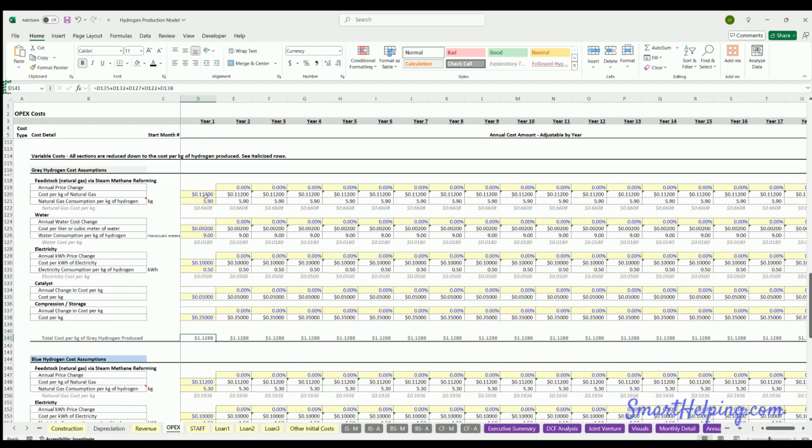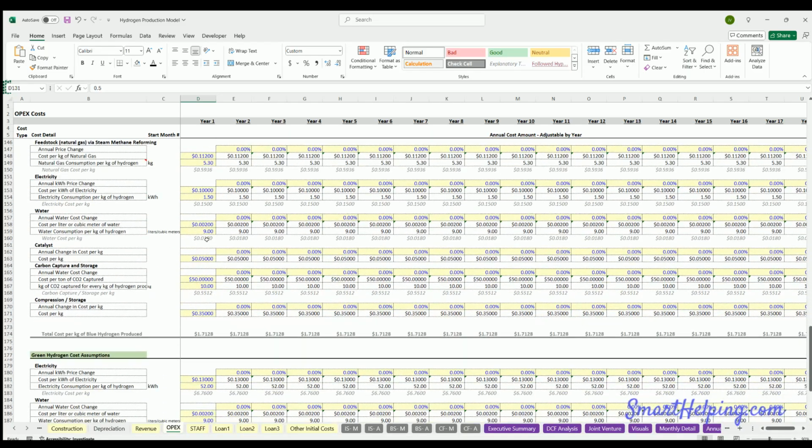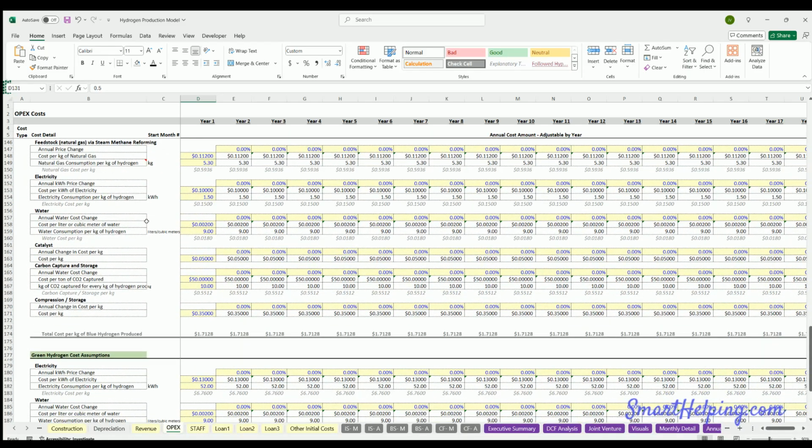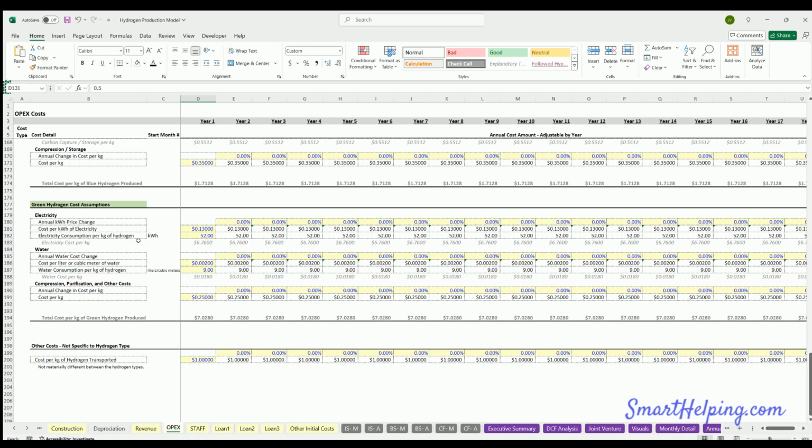Now, again, we do have an assumption as well here for energy, for electricity, and the amount needed for gray and blue. But since they're using natural gas as their main feedstock, they don't require as much electricity. Here, it's all electricity, water, and then you got compression, purification, other costs. So again, it depends on your assumptions.